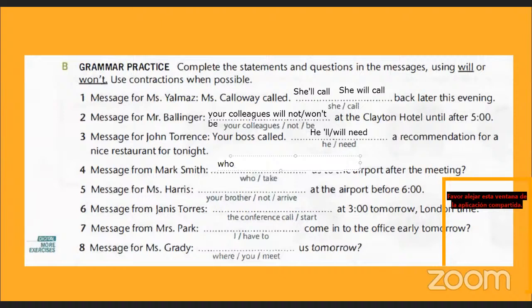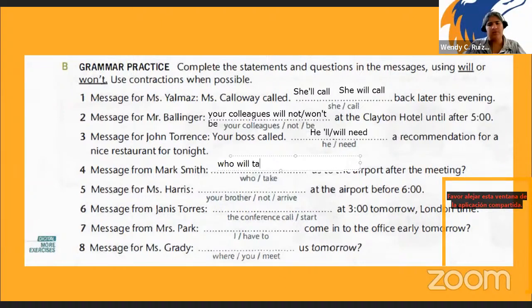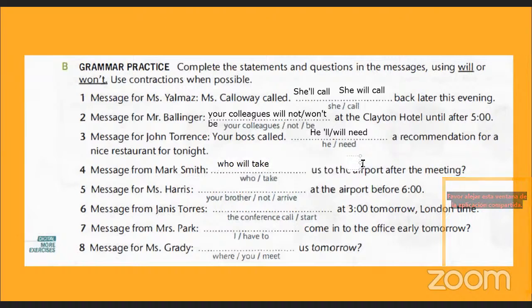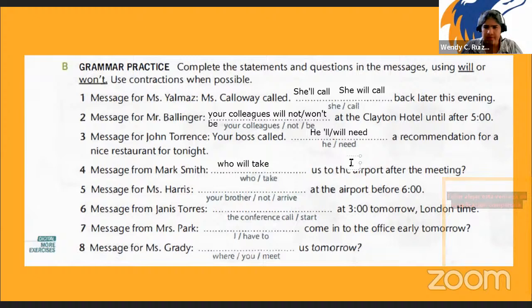Who will take. Es correcto. Who will take us to the airport after the meeting? Aquí no hay un pronombre específico porque precisamente está preguntando quién. Entonces, who will take us? Correcto.